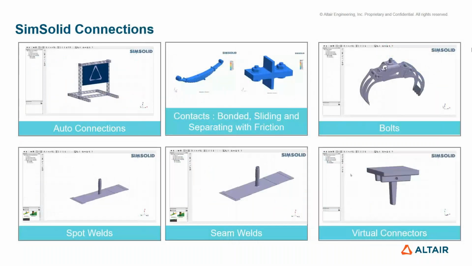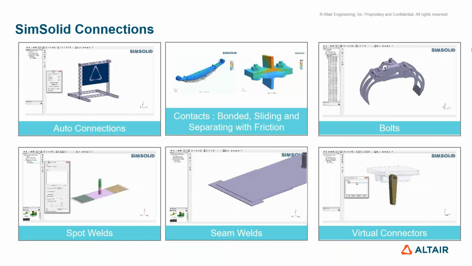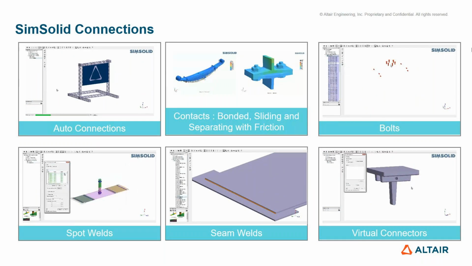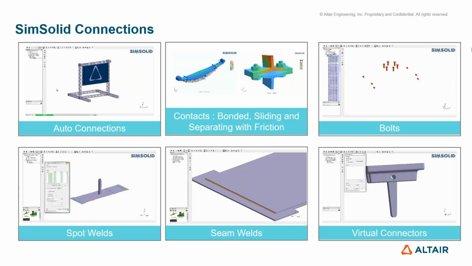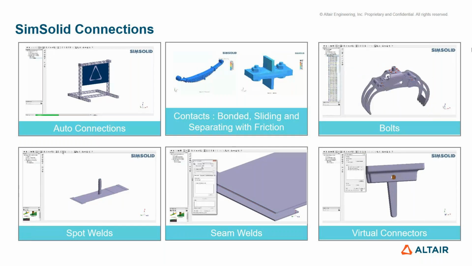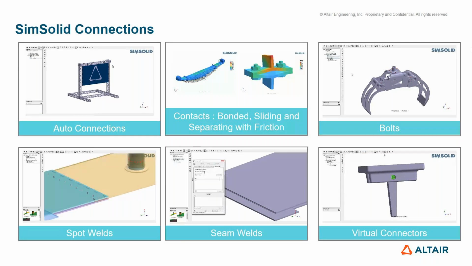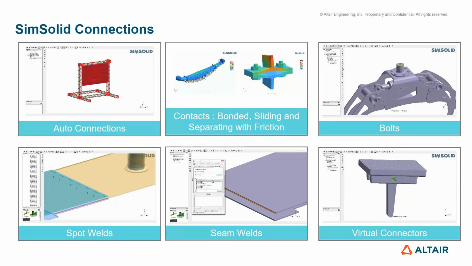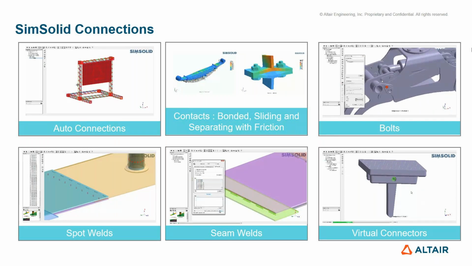Apart from that, you have auto connection. Directly after importing the model, you can create the connections automatically with the help of auto connection, and you can apply different types of contact like bonded contact, sliding contact, separating contact with friction, and so on. You have the bolt pretension option where you can apply bolt pretension and tightening torque directly on the model.